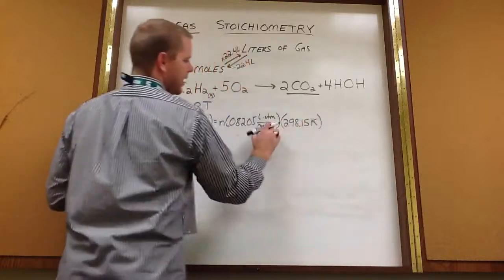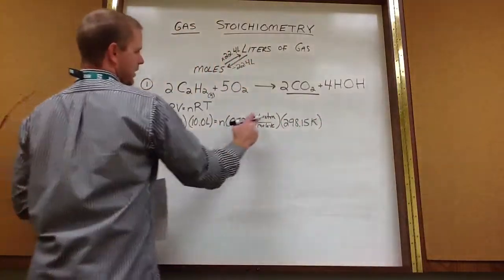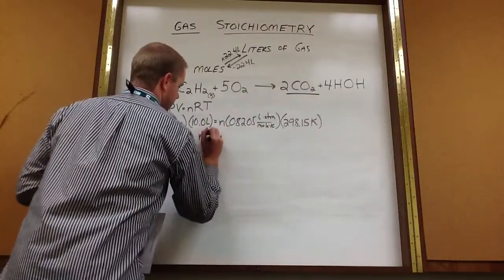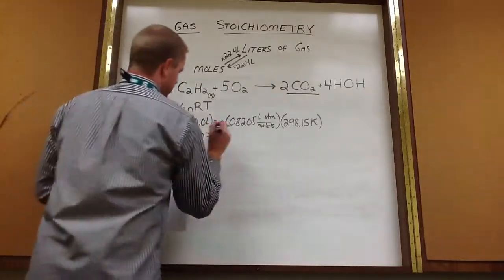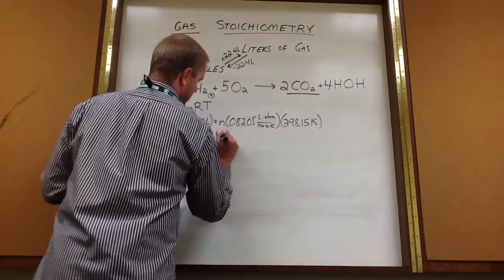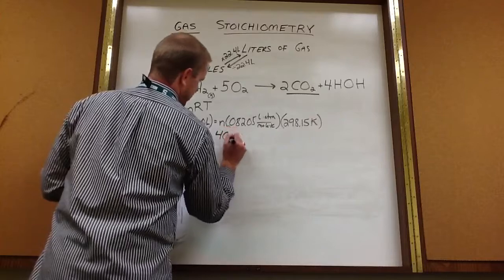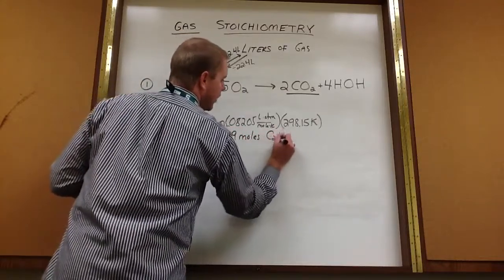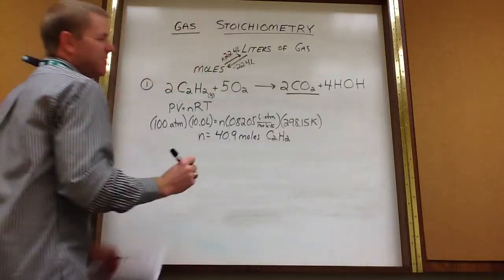Why? Because Kelvin's got to match Kelvin, atm's got to match atm, liters to liters leaves us moles. We get the n, and that n is equal to 40.9, 3 sig figs. Now, what is that moles of? It's moles of C2H2.